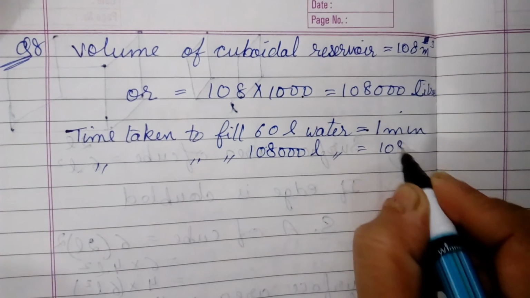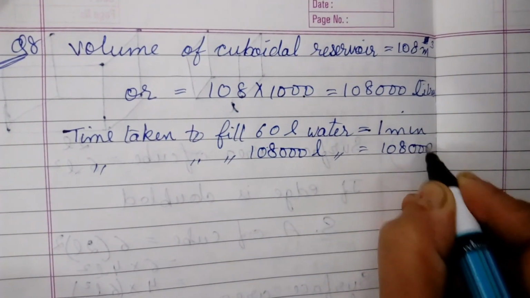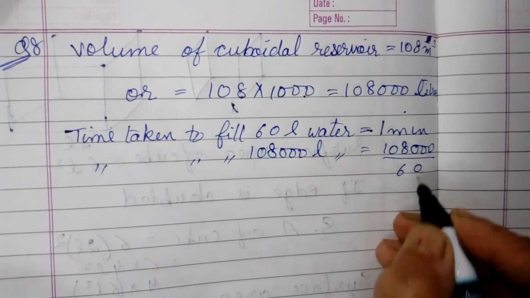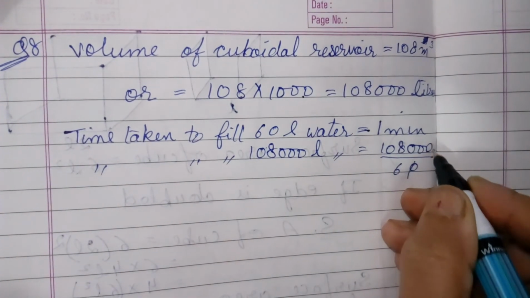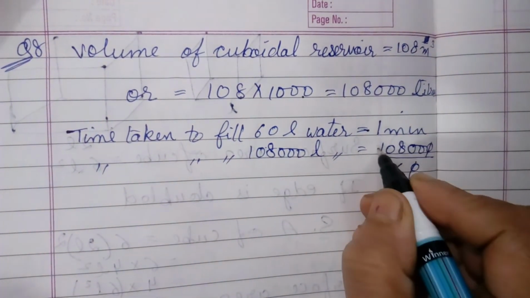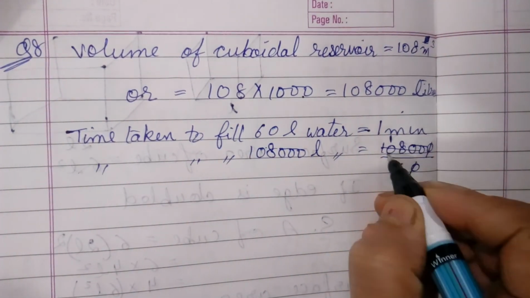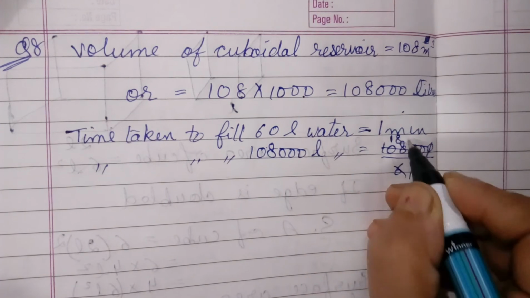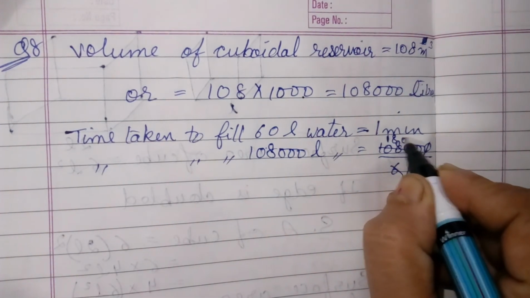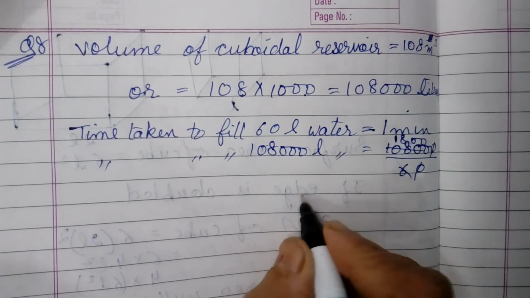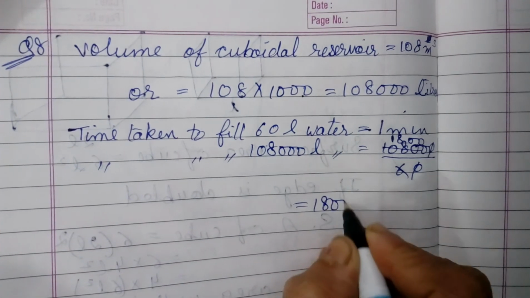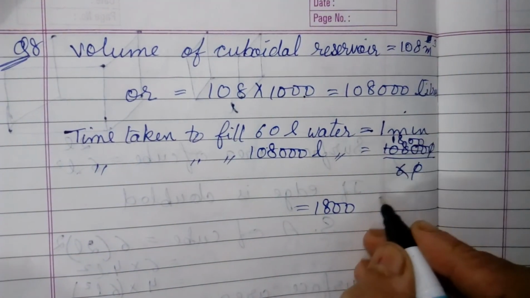How much time will be needed? Divide by 60. So 10 will cancel, and when you divide it, you will get 6 1s are 6, 6 8s are 48. So 1800. So our answer is 1800 minutes.